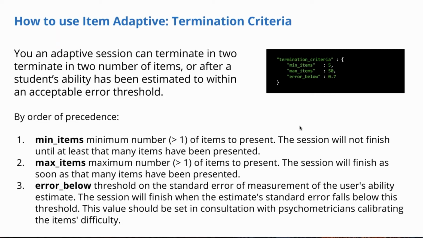But all along the way, if our random selection of items with the appropriate difficulty levels are accurate and it's continuing to hone in on the student's ability, once that margin of error falls below, in this case, 0.7, that assessment can terminate prior to seeing 50 items. So that gives you the ability to determine how long the assessment will run within these criteria, and you can change that for each assessment that you configure.